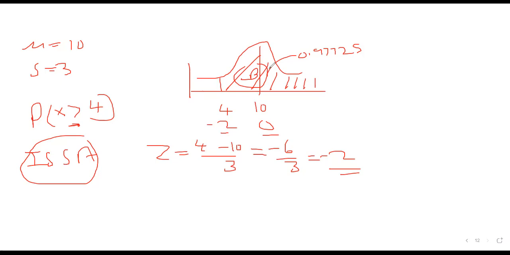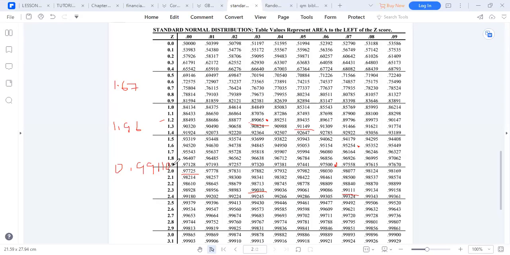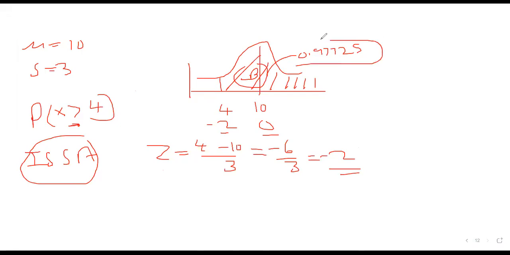So when we go into the table, what is the reading under -2? So -2 here, when you read it here, it is giving you 0.9725. So here, since the shading is big, you don't subtract. But if you notice, your table has negative figures.